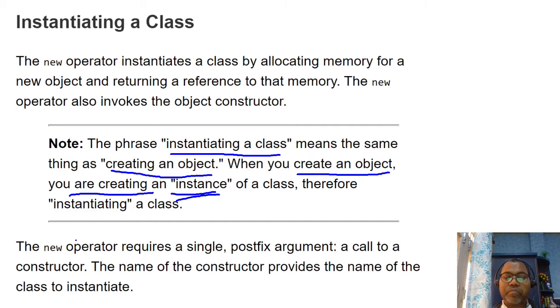The new operator requires a single postfix argument, which is a call to the constructor. You write the new keyword, after that your class name, and then open and close braces that take arguments to initialize your object.